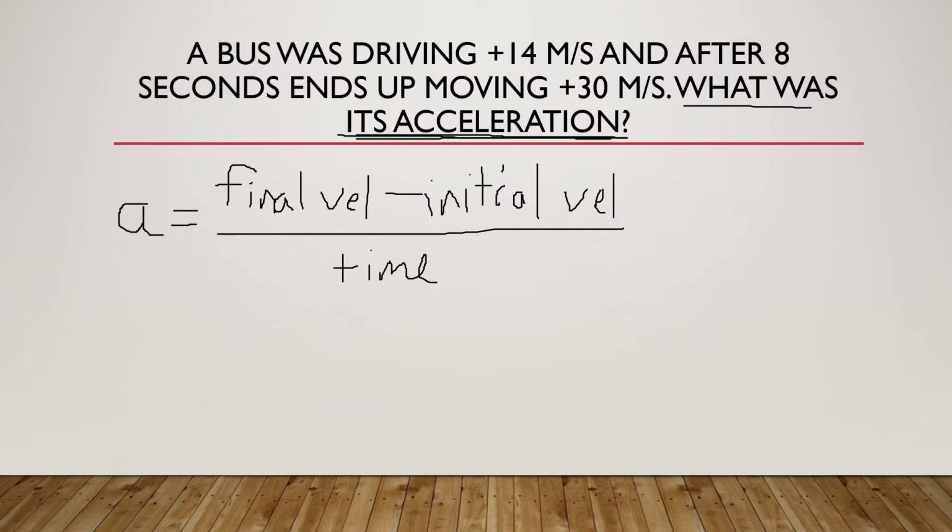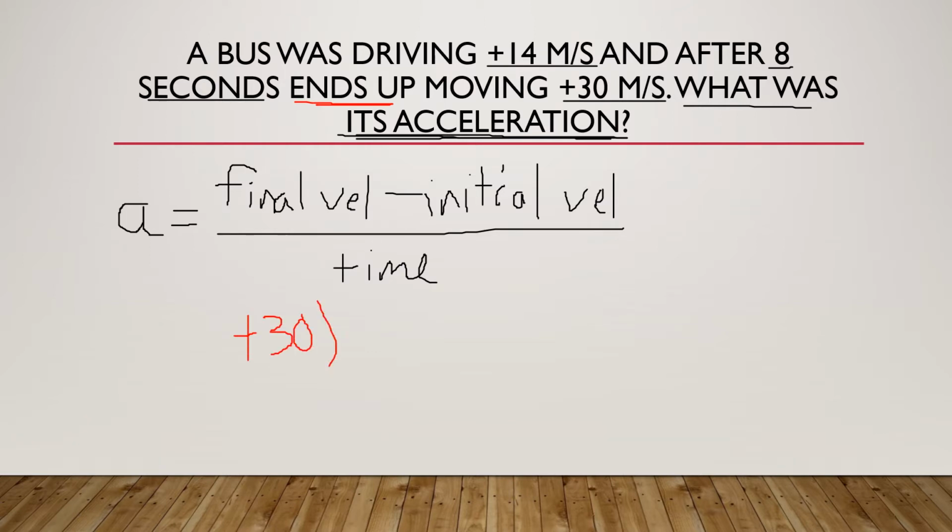Therefore, let's look at this problem. A bus was driving 14 meters per second, that's a velocity, positive meters per second, and after 8 seconds, okay, that's a time, it ends up moving plus 30 meters per second. So what we have to do is, after we read the question, we have to figure out what was the final or ending velocity, or what was the initial or starting velocity. Well, the words ends up moving indicate an ending or final. So I'm just going to plug it in.